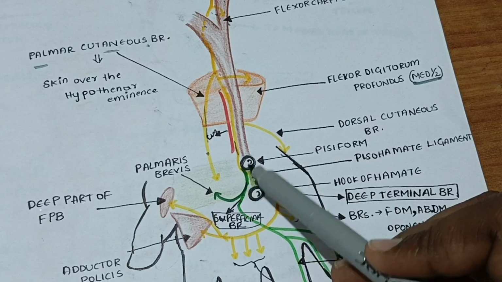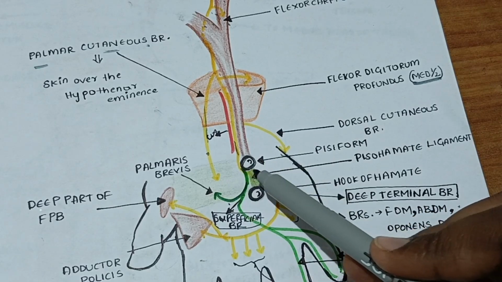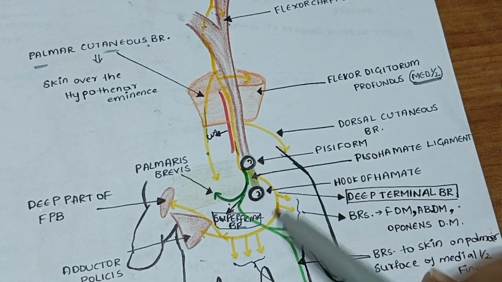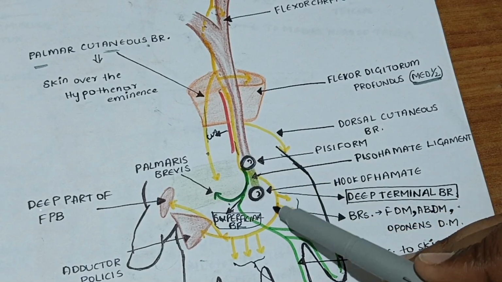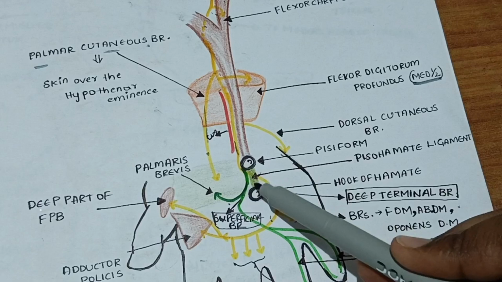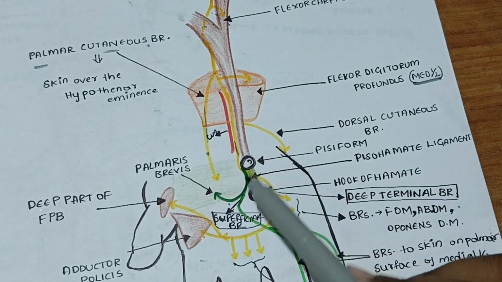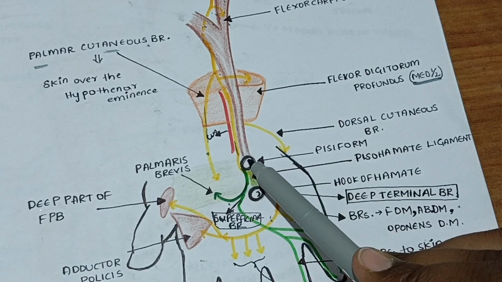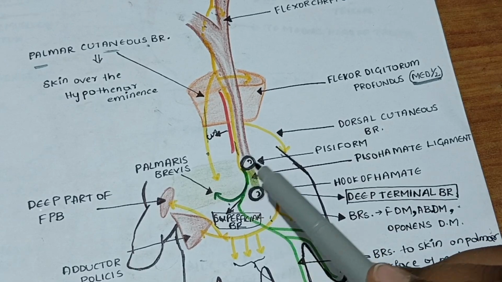When crossing, it divides into a superficial branch and a deep branch. It crosses between the pisiform and the hook of hamate. Before crossing, it divides into the superficial branch and the deep branch.